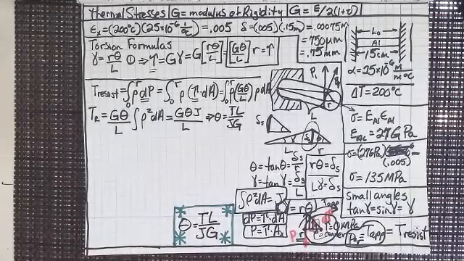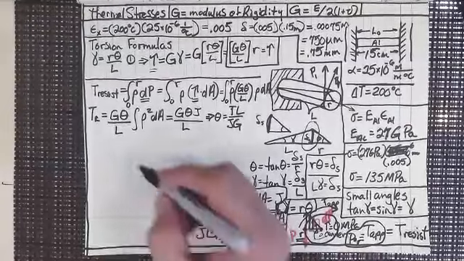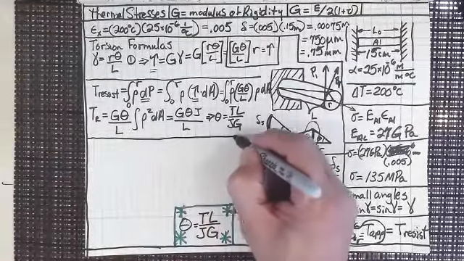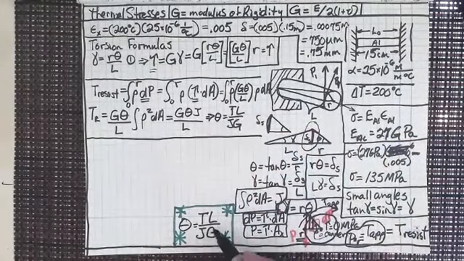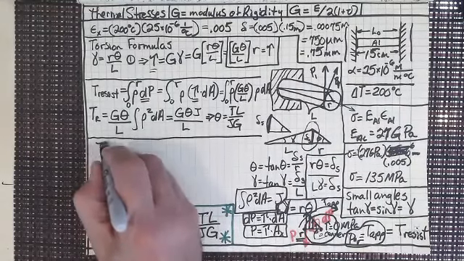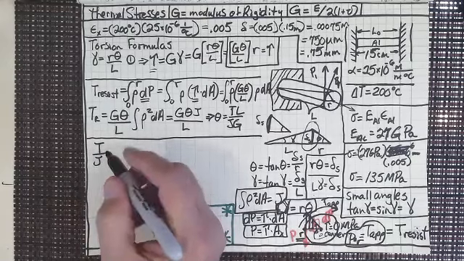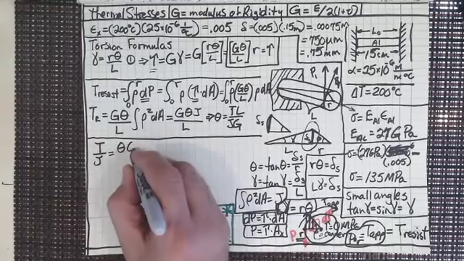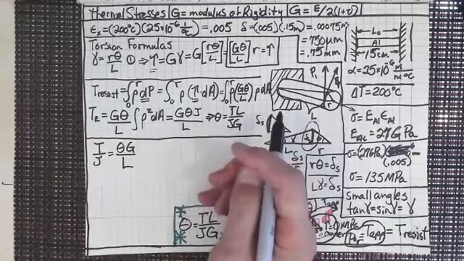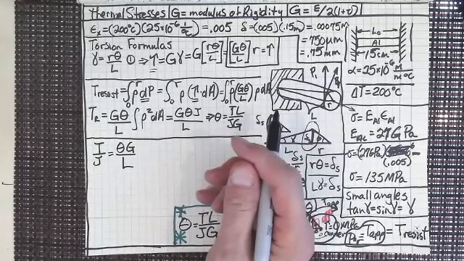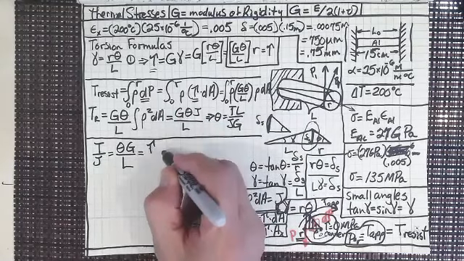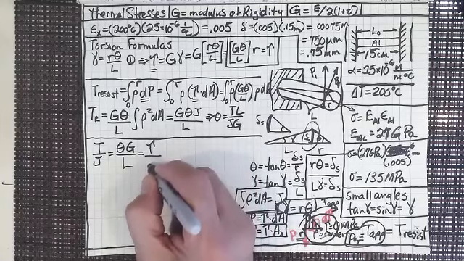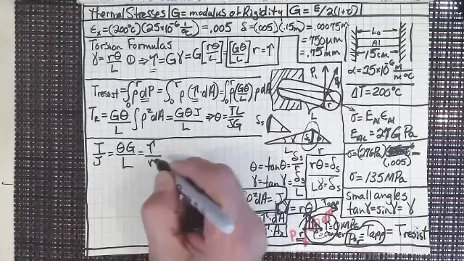I'm going to use that to figure out what our second torsion equation is. So let's just rewrite this a little bit. Let's put a line through there because that was the derivation of our first torsion equation. Now let's use this in the second thing that we're doing. So I've got T over J equals theta times G over L. Everybody sees that? And that equals tau, my shear stress, divided by the radius.